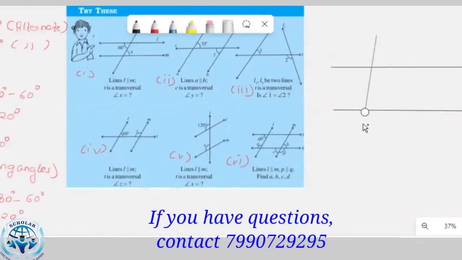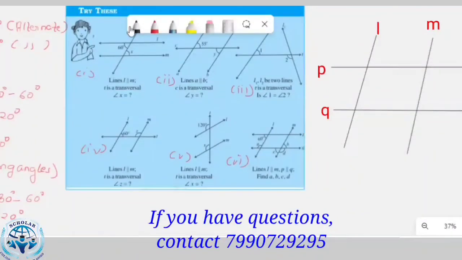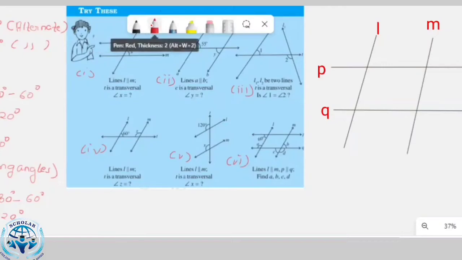P is the transversal to L and M, Q is a transversal to L and M, and L is a transversal to P and Q. M is also a transversal to P and Q. Now, one angle is given 60 degree. A, C and D. This is B. We have to find out these angles.